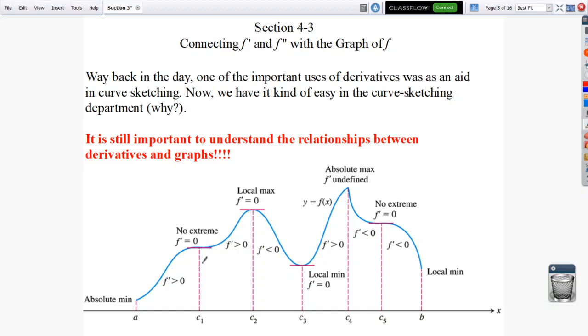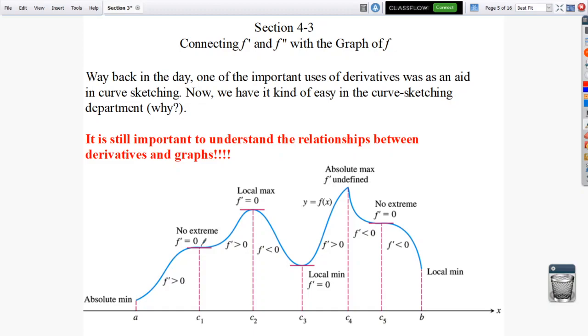Now I see at C1, I do have an f prime of 0, so that would be a critical point. But if we were to analyze this graph using that number line that we had from yesterday, we can actually see from C1 to C2, we have still a positive first derivative, which means the function is still increasing and makes C1 not a relative extreme.